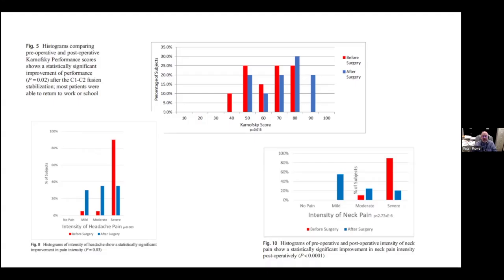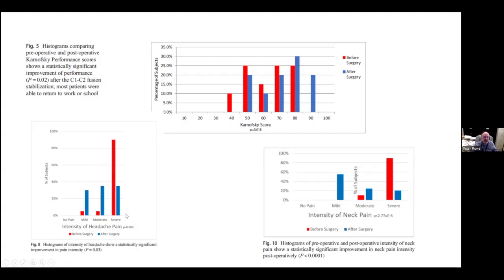These are some slides from Dr. Henderson's paper on the AAI, showing on the top the Karnofsky score, where higher score is better. You can see a shift from the red before surgery to the Karnofsky score after surgery.